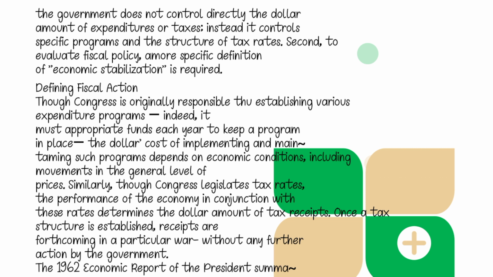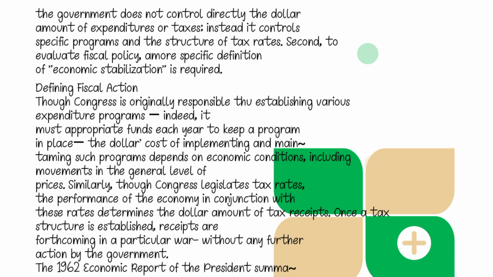Indeed, it must appropriate funds each year to keep a program in place. The dollar cost of implementing such programs depends on economic conditions, including the general level of prices.